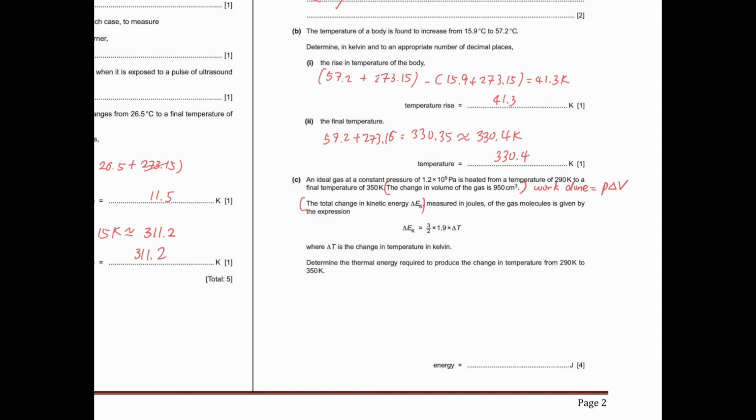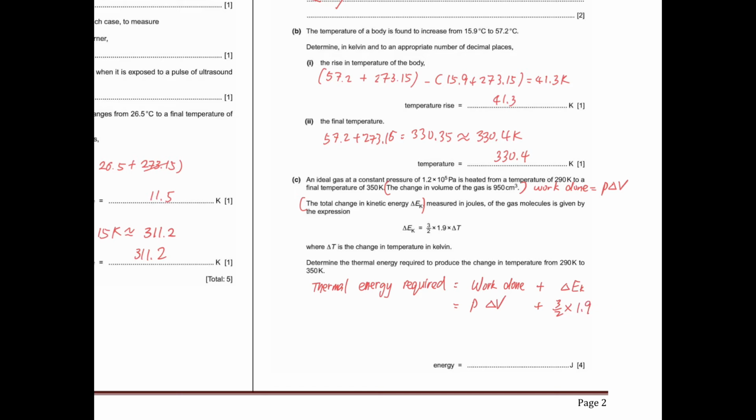So we put it like this: thermal energy required is equal to work done to expand the gas plus kinetic energy. So P delta V plus 3 over 2 times 1.9 delta T.